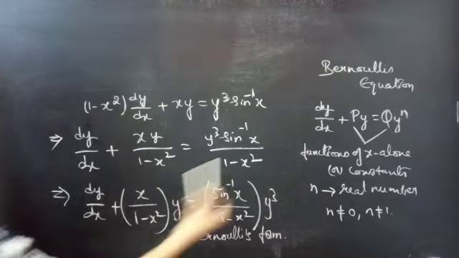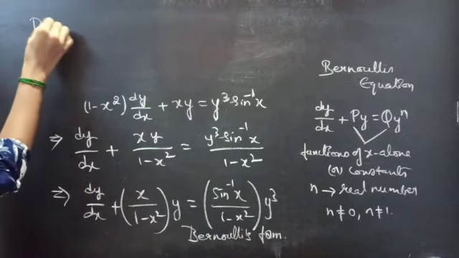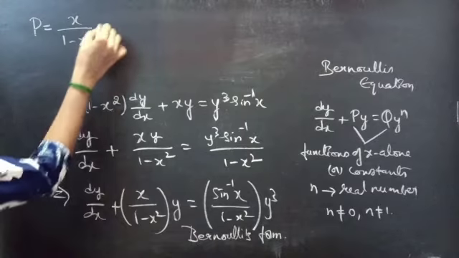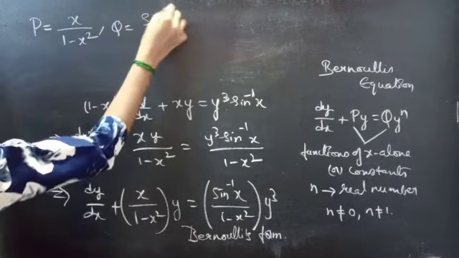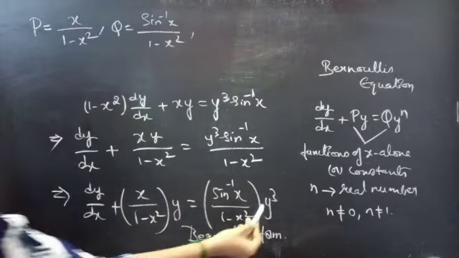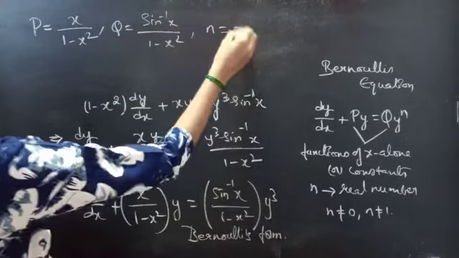Now, by comparing these two equations, again we'll get p, q and n, where p equals to x by 1 minus x square and q equals to sine inverse x by 1 minus x square, and comparing y cube with y power n, you'll get n equals to 3, right?